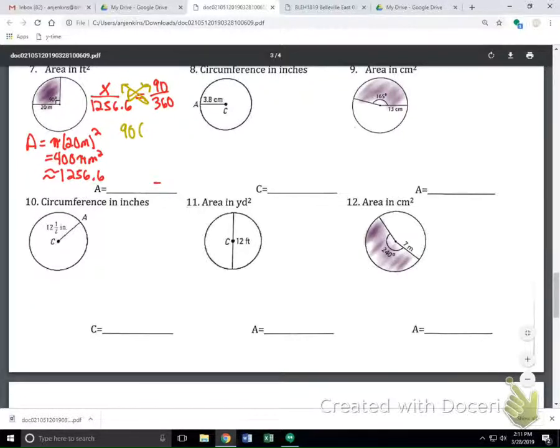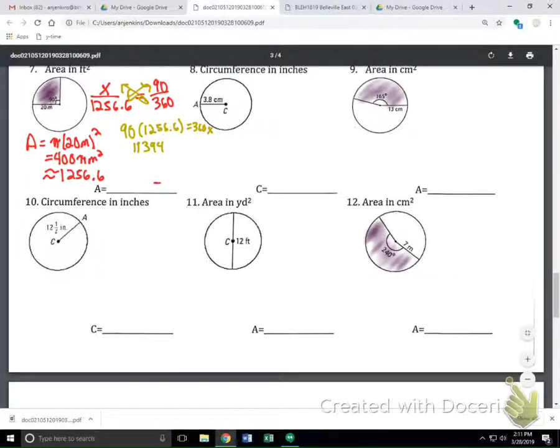You end up with 90 times 1,256.6 equals 360x. What is 1,256.6 times 90? 113,094.